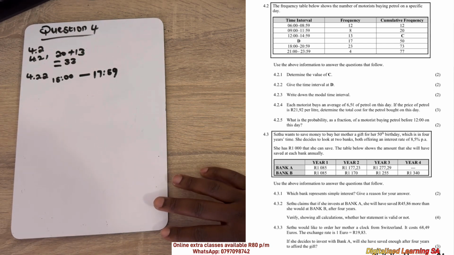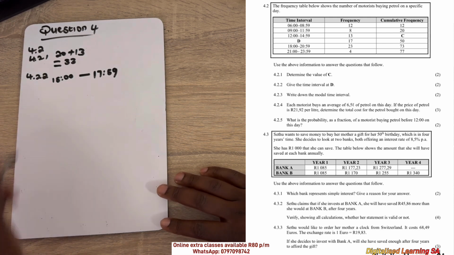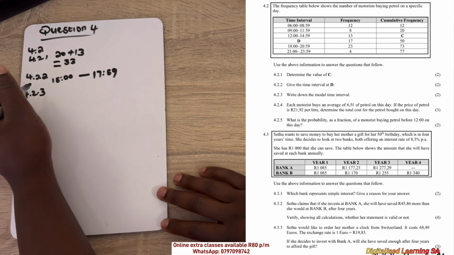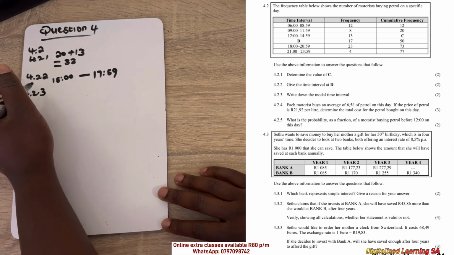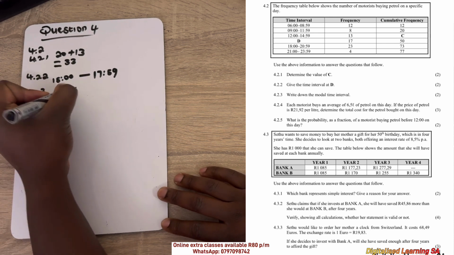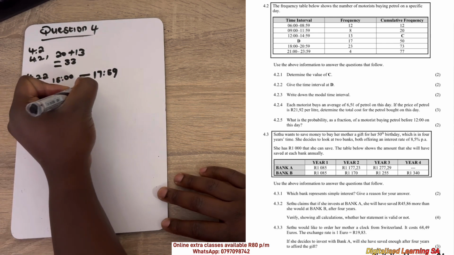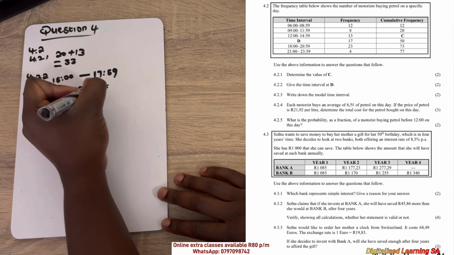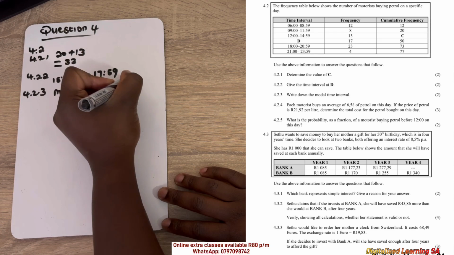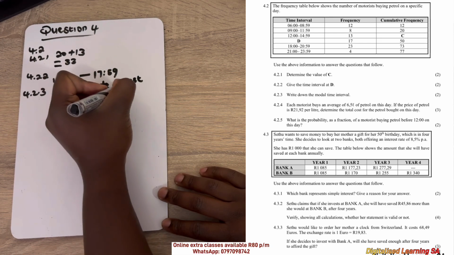Now let's move to the next question, which is question 4.2.3. It says write down the modal time interval. We know that modal is our mode, and the mode represents the most occurrence.